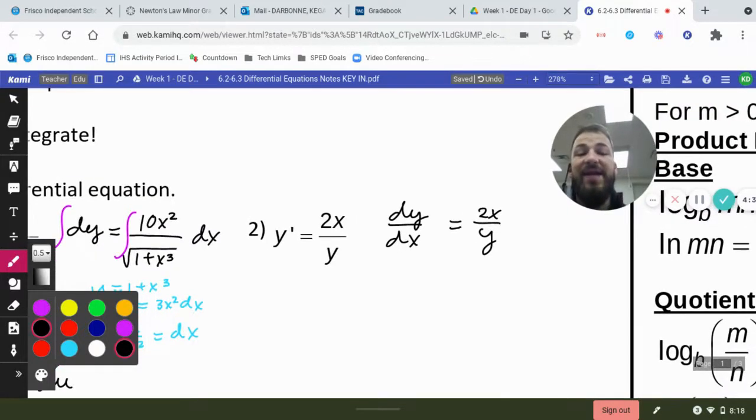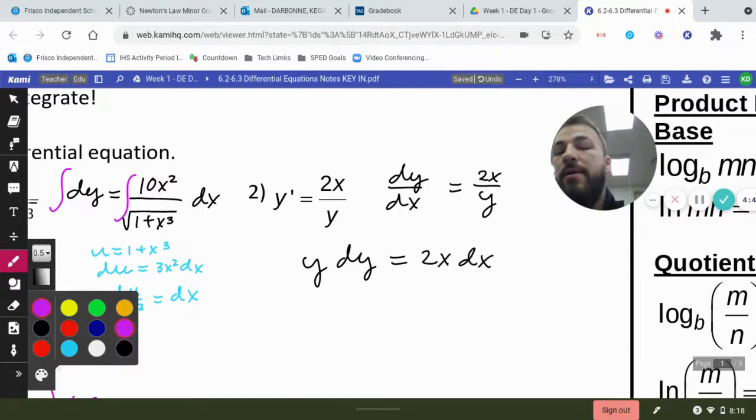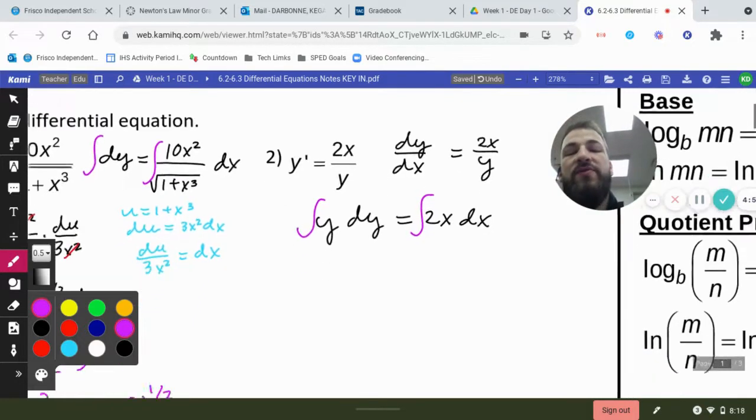Okay, as my next step, I need to get y's over on the left side and x's over on the right side. So I can multiply y over, so that becomes y dy, and I can multiply dx over, which makes this 2x dx. And then I'm going to integrate both sides, so integral of y dy, integral of 2x dx.